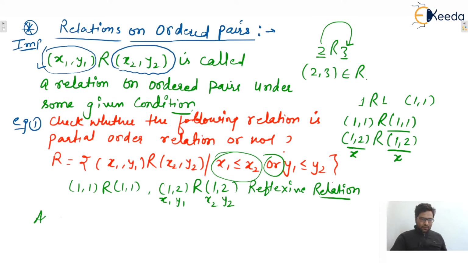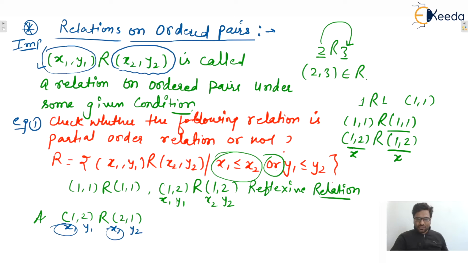Now can you tell me, consider 1 comma 2 is related with 2 comma 1, or not? Here this is x1 y1 x2 y2. So x1 is less than or equal to x2. If at least one condition is true, then there will be a relation. Either x1 is less than or equal to x2 or y1 is less than or equal to y2.